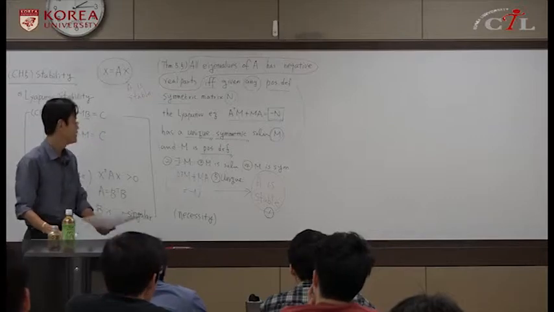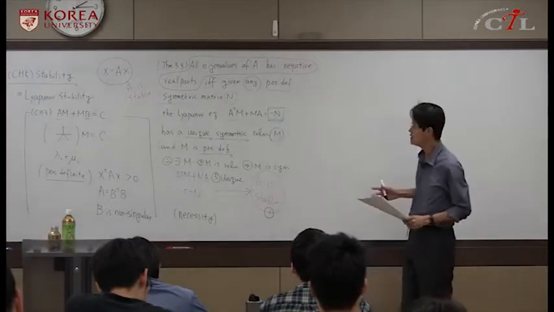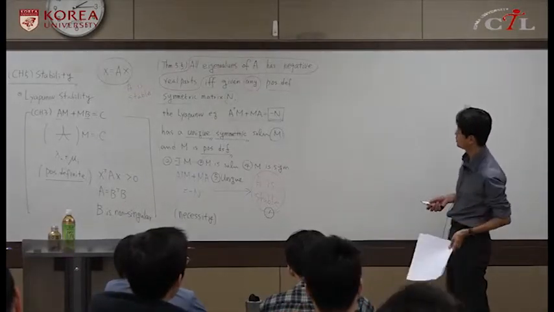Okay, starting from A is stable. A is stable, so A has all negative real parts.